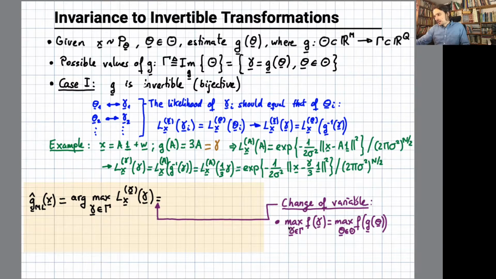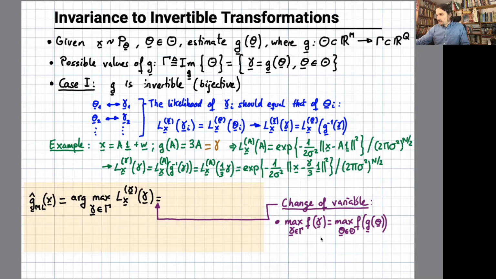It says that maximizing an arbitrary function f of gamma is the same as maximizing this function evaluated at g of theta. And this holds whenever the values taken by the arguments of f on the right-hand side are the same as the values taken by the argument of f on the left-hand side, right?